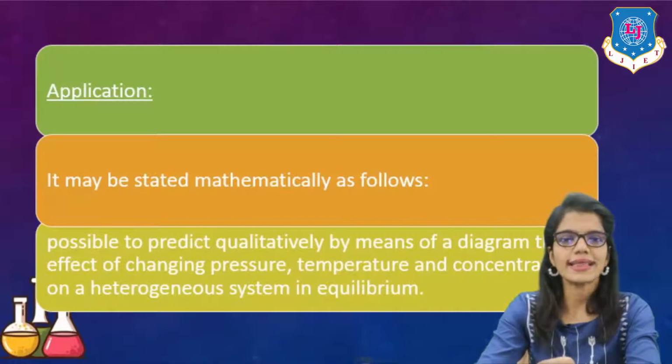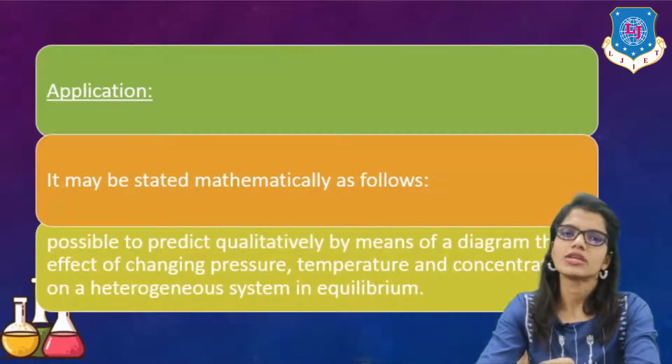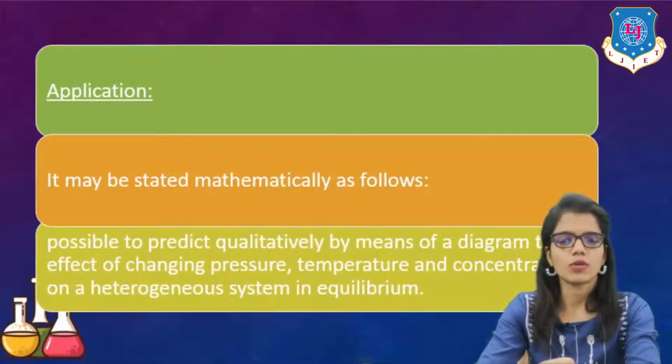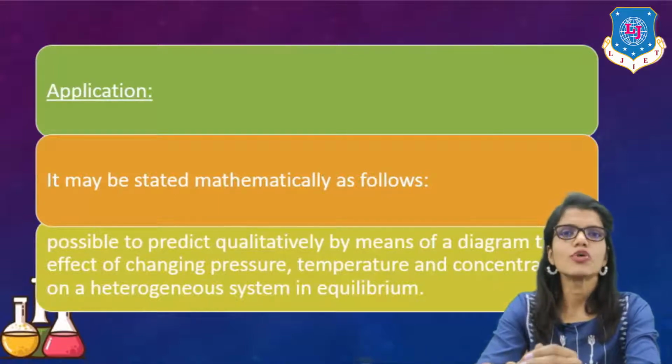So we will study what the effect is on the equilibrium of that particular heterogeneous system when we change the concentration, the pressure and the temperature. Whether the equilibrium gets disturbed or remains the same, we have to understand, or which kind of change actually occurs when we deal with such changes.